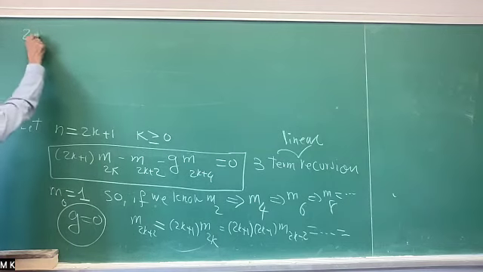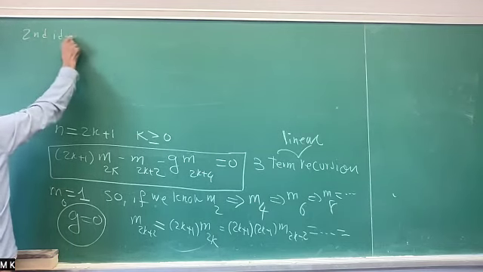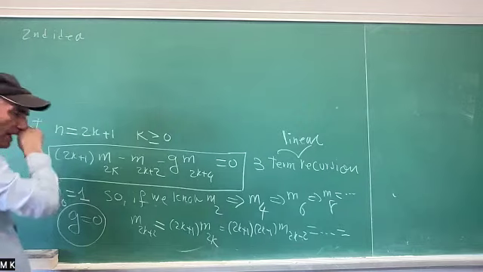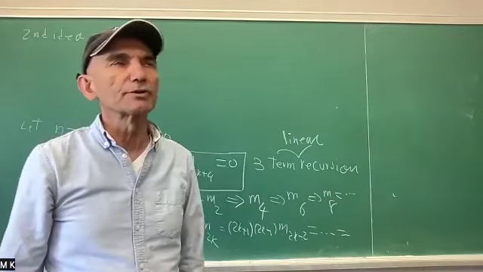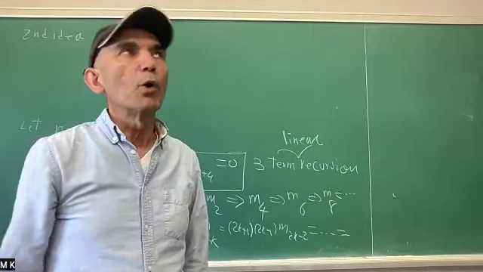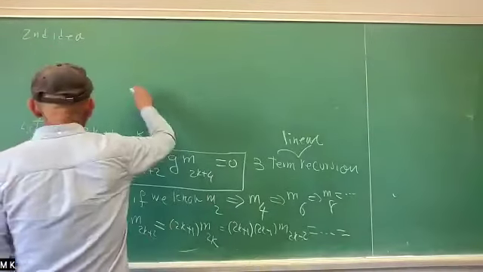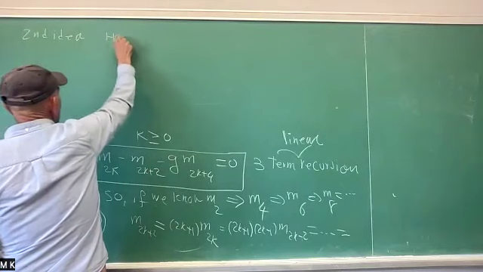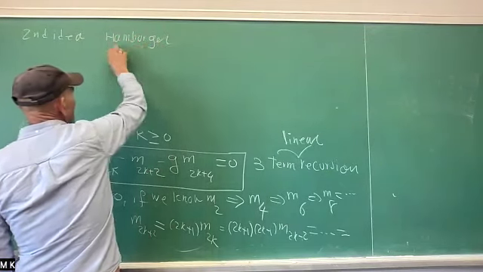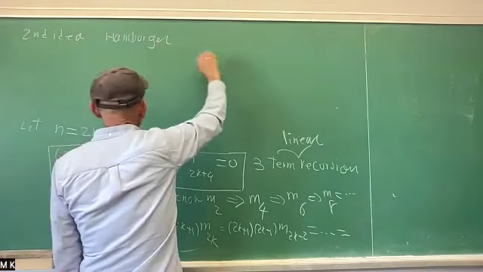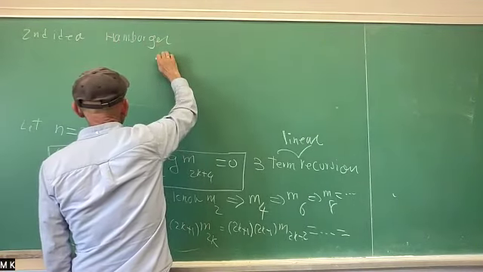So the second idea now is related to something called the Hamburger moment problem. I think Hamburger was a German mathematician in the early 20th century.